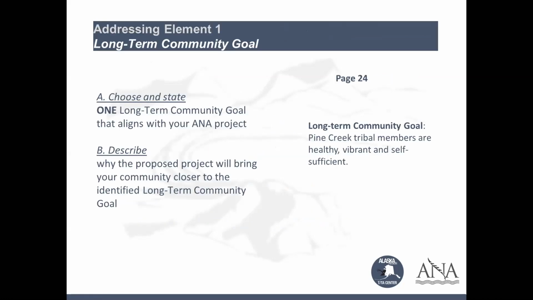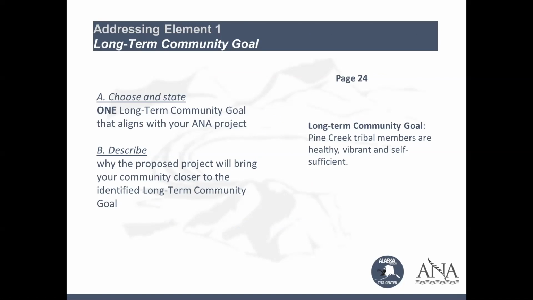Remember, that goal is found within a strategic plan, community development plan, or something such as that. When you go to address this, you want to choose and state the one long-term community goal that aligns with your ANA project. Talk about where that is found and why it relates. Describe why this project is going to bring you one step closer.